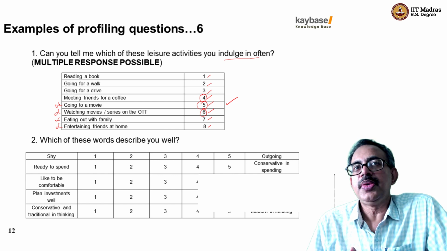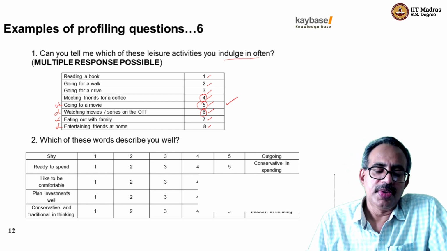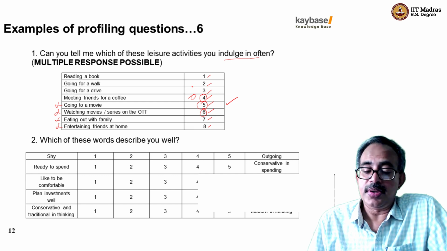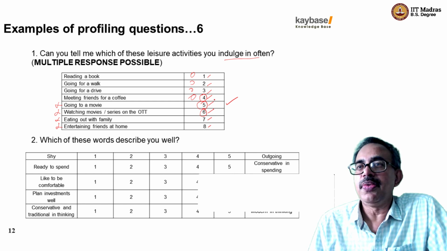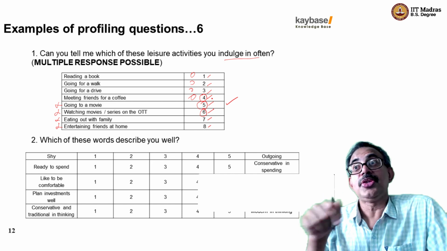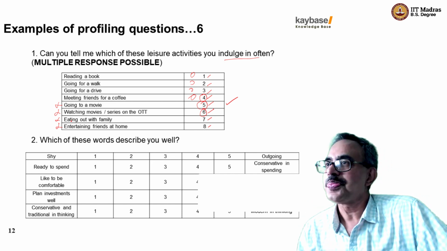I went for a movie in 2016, seven years ago, and before that in 2012. Does it count as often? No. Do I meet friends for a coffee? Yes. I go for a drive. I go for a walk. I realize the first four options I put are what I tend to do very often. That's what came to my mind first, and I've written that in the example. Then I forced myself to think of other things which I don't do, which is where the other options came from.